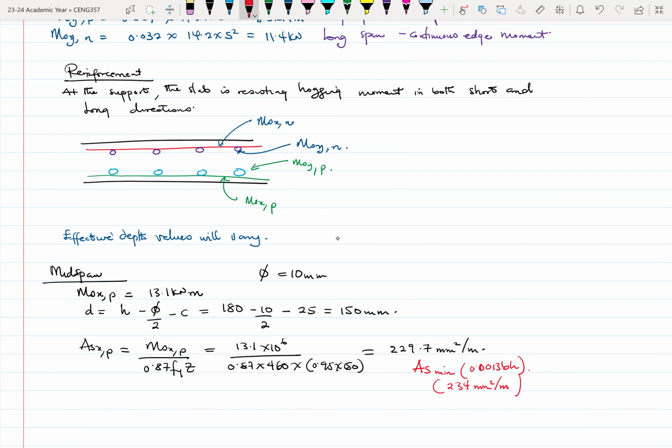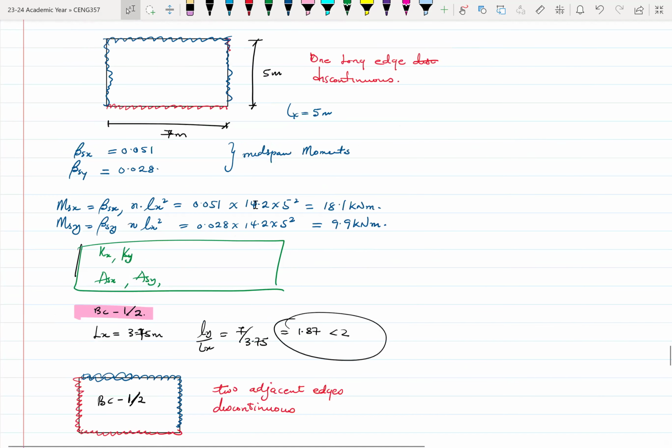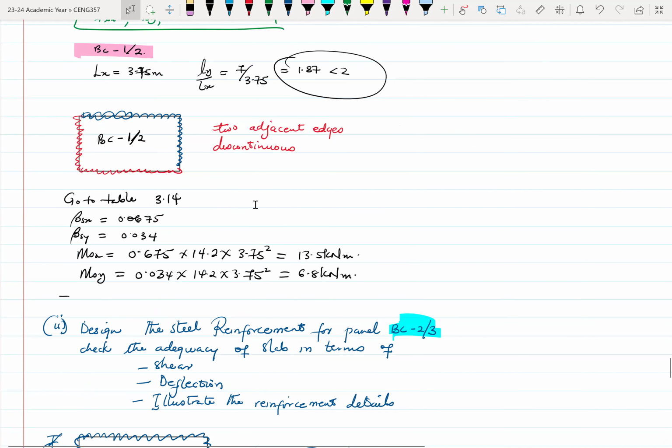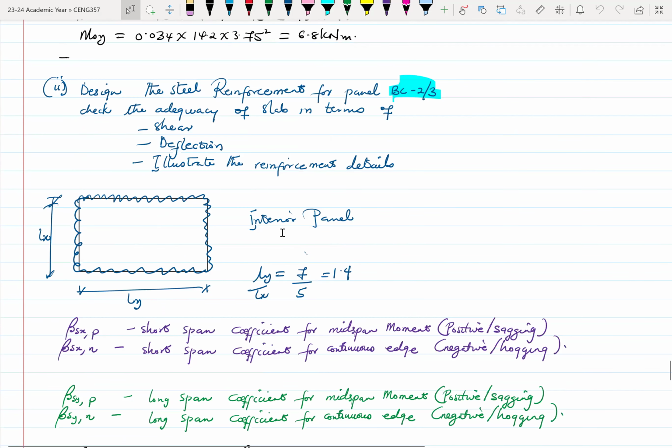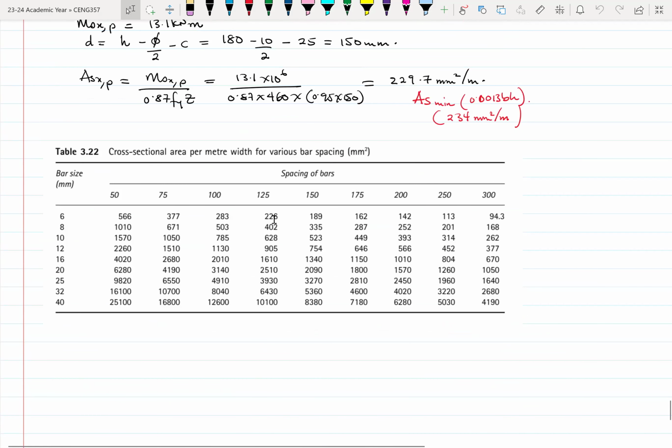So with that, we would normally go to this table. Let me copy through this process rather. It's easier that way. So we go to our cross-sectional area.